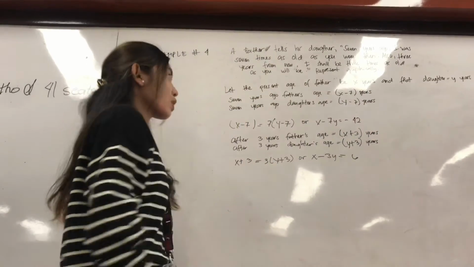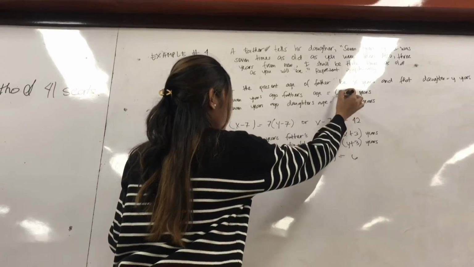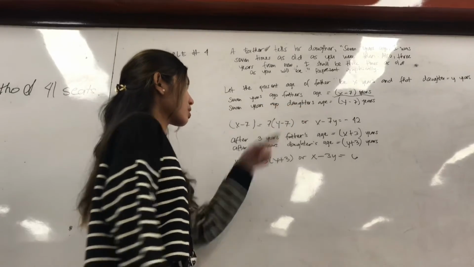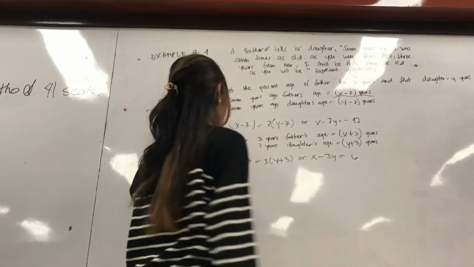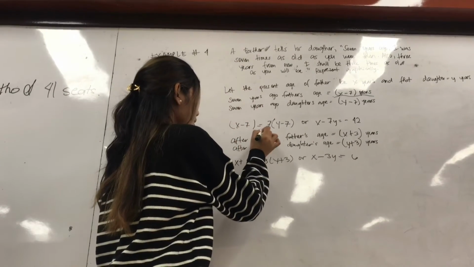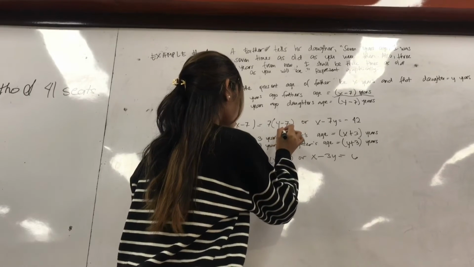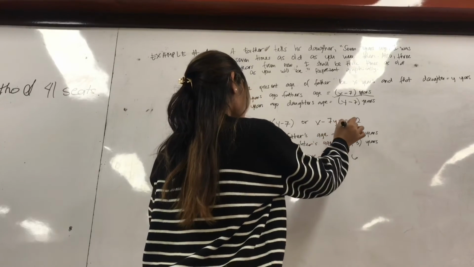So 7 years ago, the father's age was x minus 7 years, and the daughter's age was y minus 7 years.